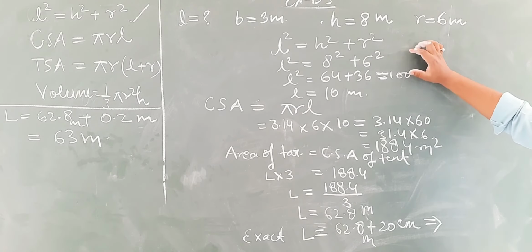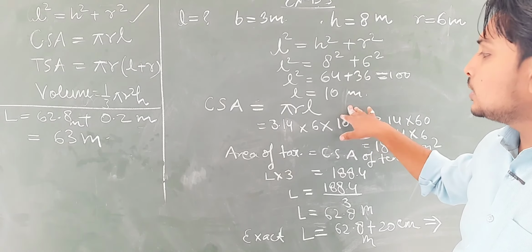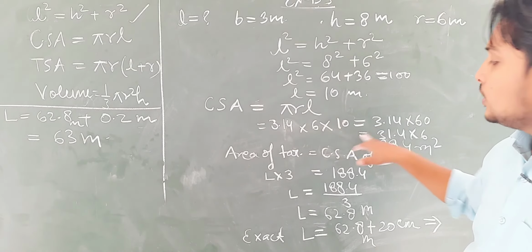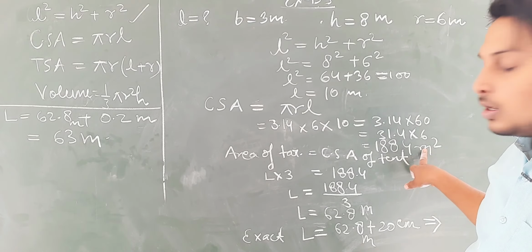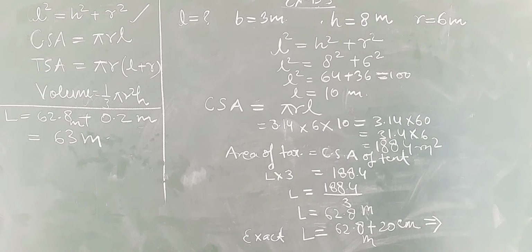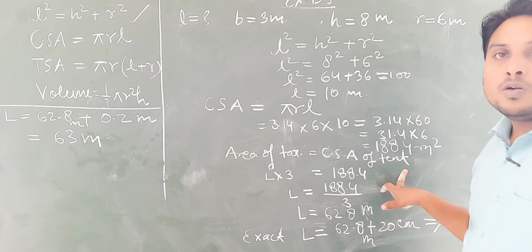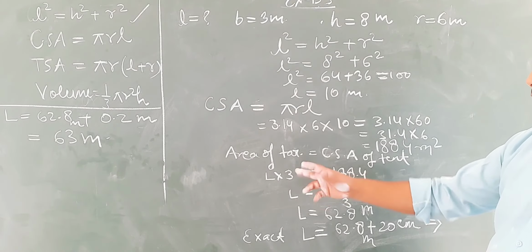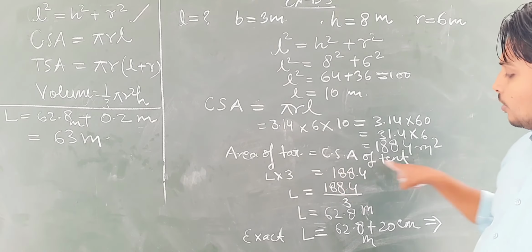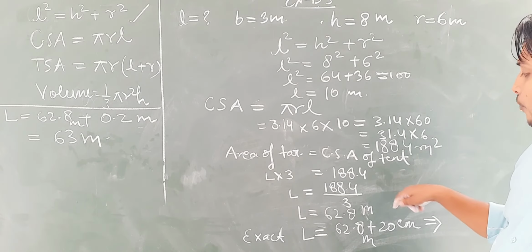Firstly we found the slant height, then the curved surface area of the cone made by tarpaulin. The area of tarpaulin equals the curved surface area of the tent, so length into breadth, and the curved surface area we found is 188.4.